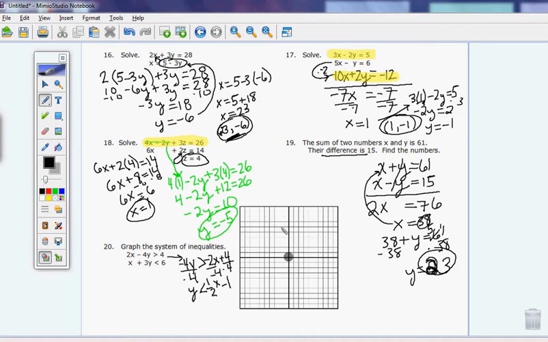So when I go graph this one, I'm first going to go down 1 and make a point. Okay, down 1 and make a point, and then I'm going to go up 1 over 2, up 1 over 2. And I'll try to do my best here, but this would basically be a dashed line here.